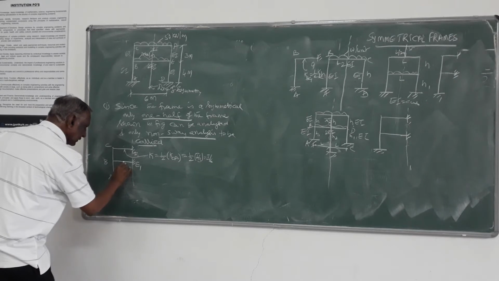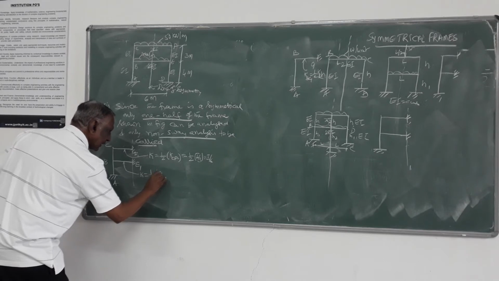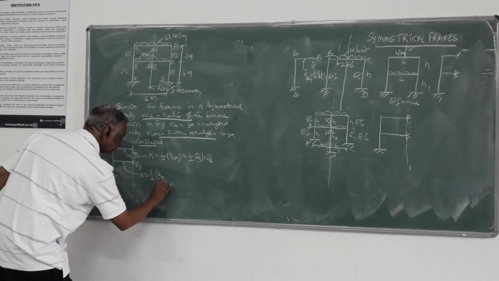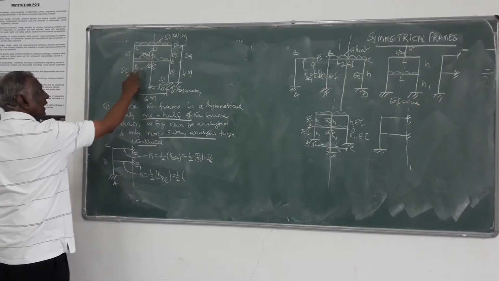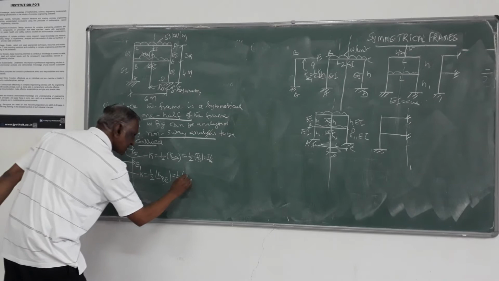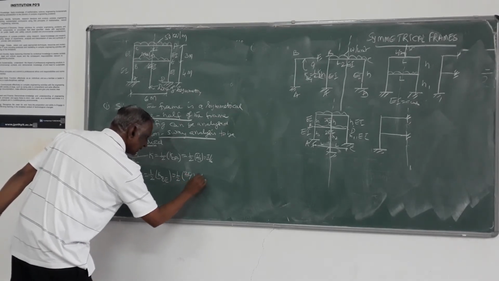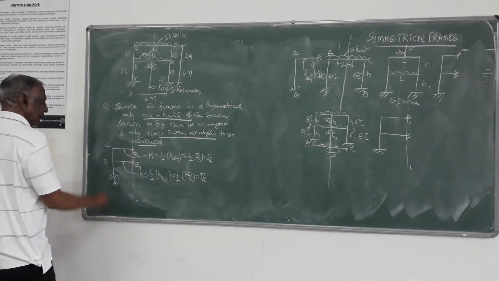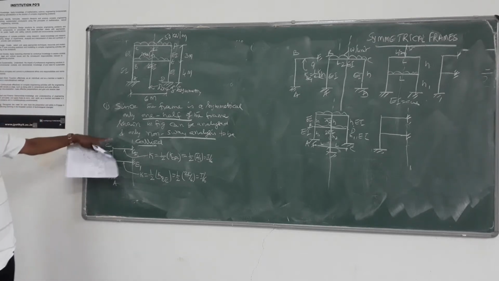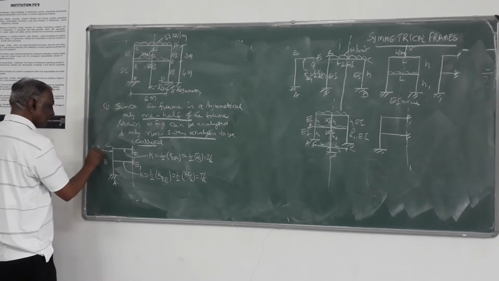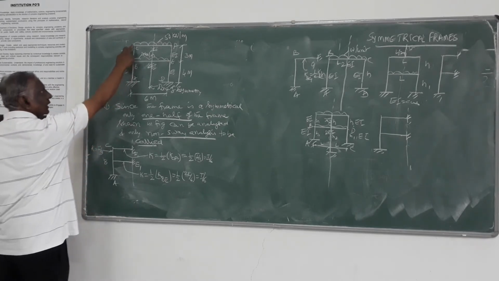So similarly, this member stiffness K, you can take half of KBE value, that is half of 2I by 6, it is I by 6. And the relative stiffness of this member, K is equal to I by 3, that is no change. I by 3 only, I by L because both ends are continuous.